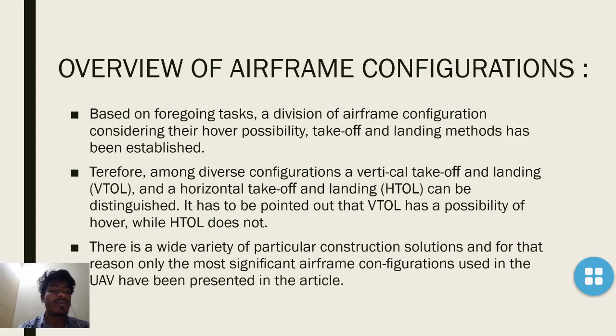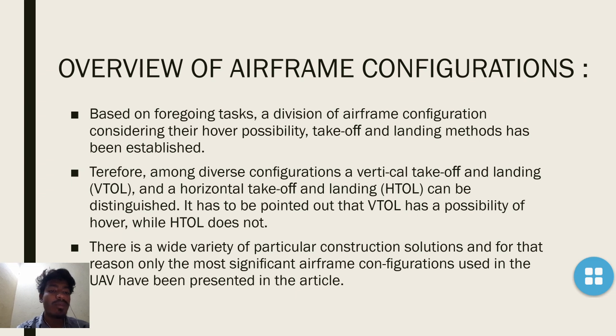Overview of airframe configurations. Based on the foregoing tasks, a division of airframe configurations considering their hover possibility and takeoff and landing methods has been established. Therefore, among diverse configurations, vertical takeoff and landing, VTOL, and horizontal takeoff and landing, HTOL, can be distinguished.